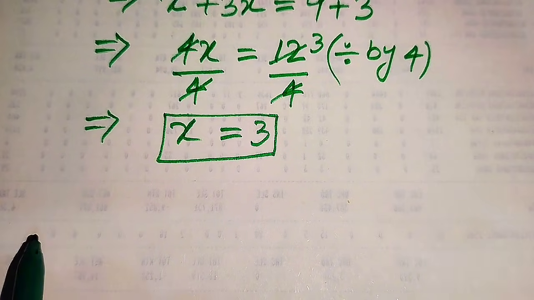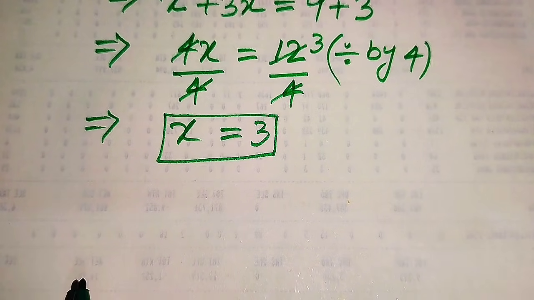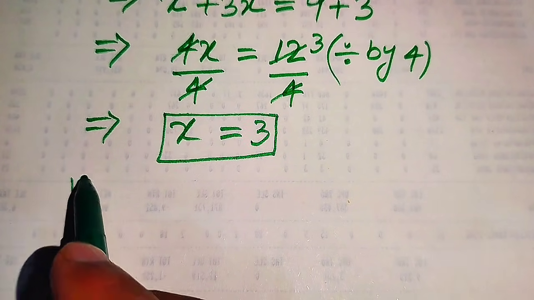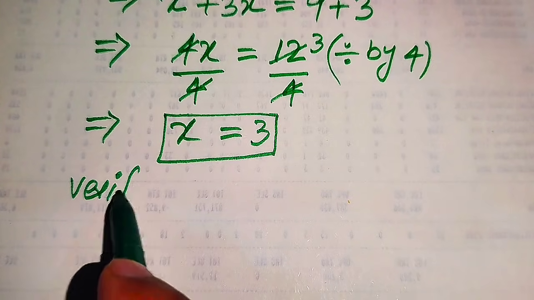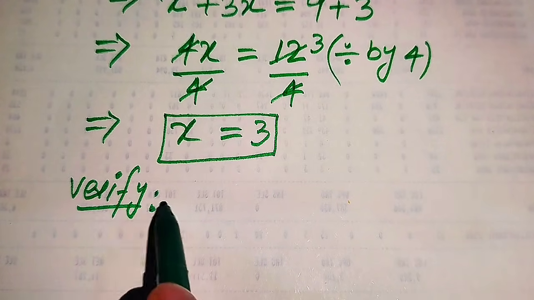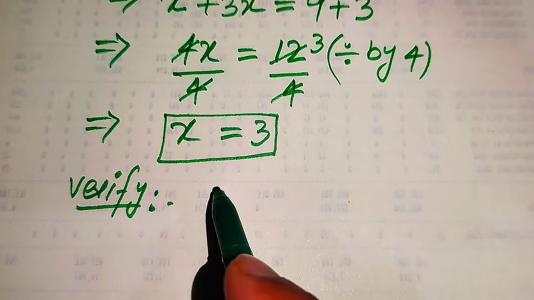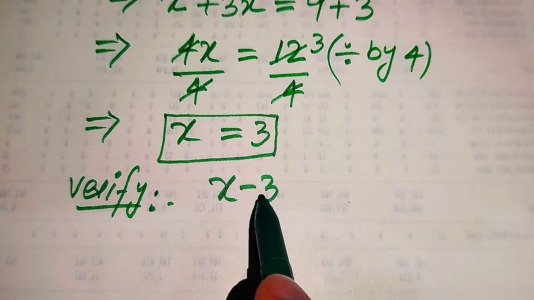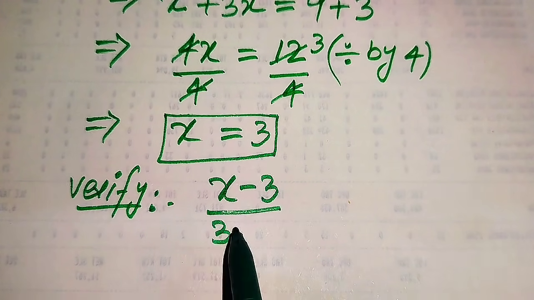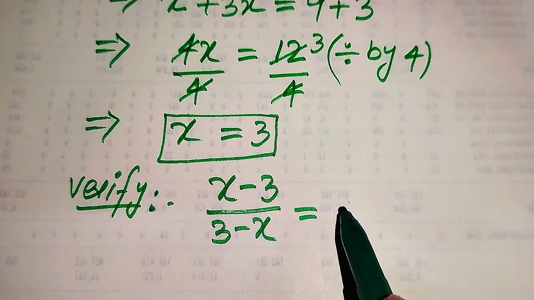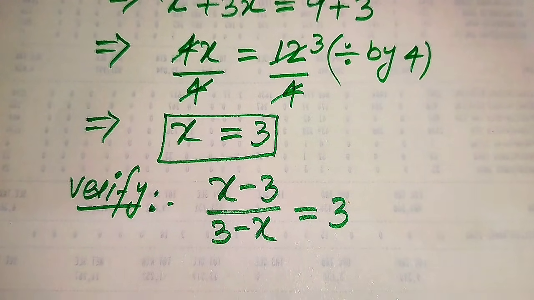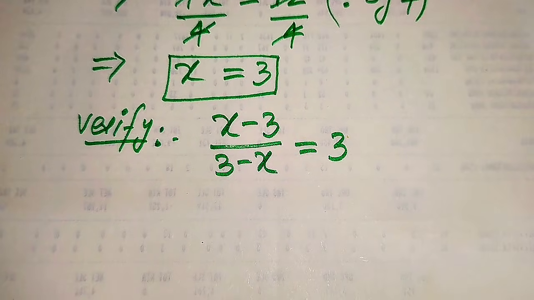In the next step we need to verify whether this value of x is a solution of the given equation, or whether it is an extraneous root. For verification we copy down the given question statement: (x minus 3) divided by (3 minus x) equals 3.